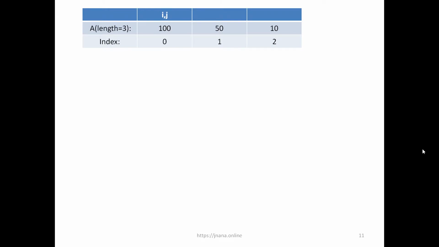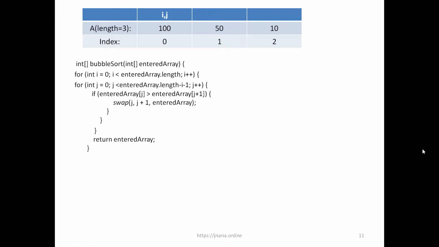So we are taking an array 100, 50 and 10. The indices are 0, 1 and 2. If we compare with the code, here is the code. The first for loop is starting from I equal to 0 and the inner loop is starting from j equal to 0. How far will the first loop go?